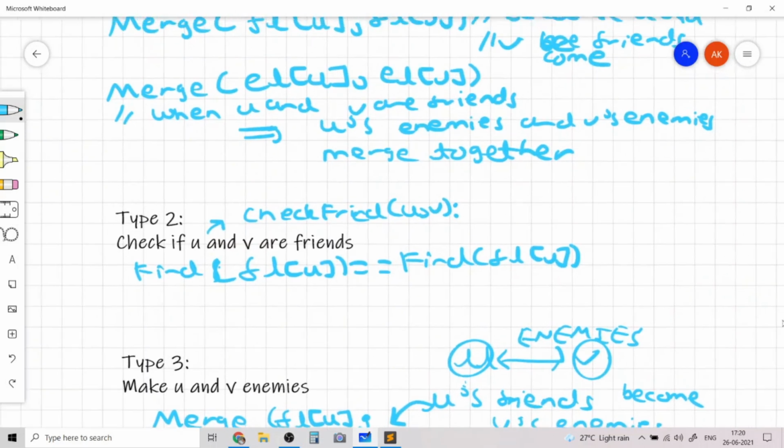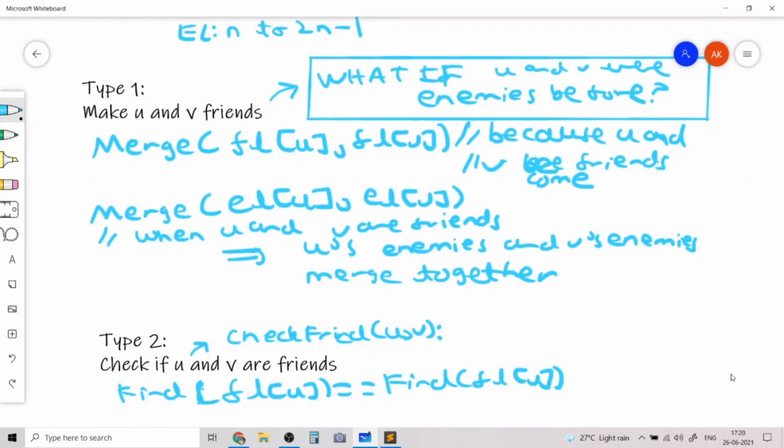So how do we modify our type 1 and type 3 queries?